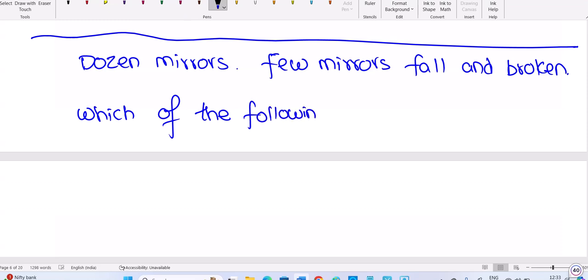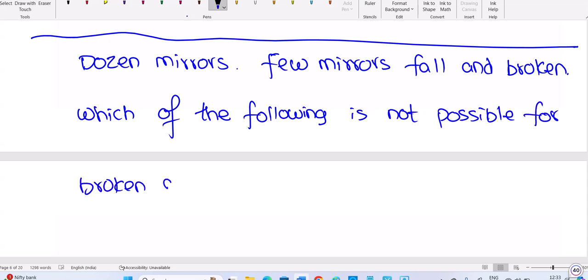Now the question: which of the following is not possible for the broken to unbroken ratio? Maybe some grammatical mistake, but I hope you understand what I want to convey.